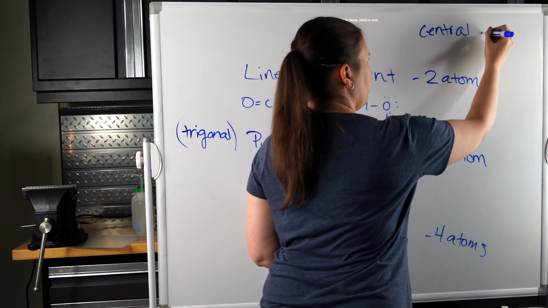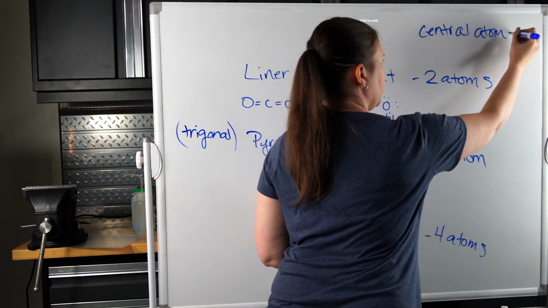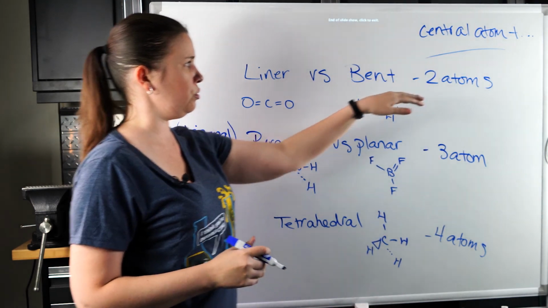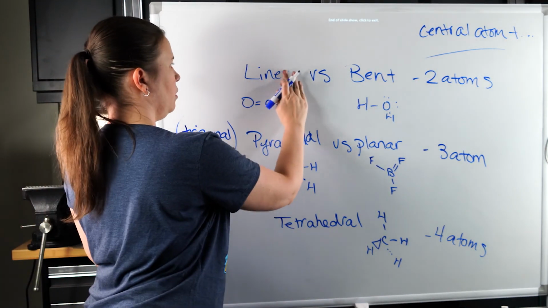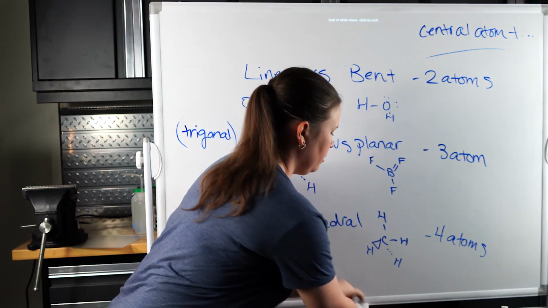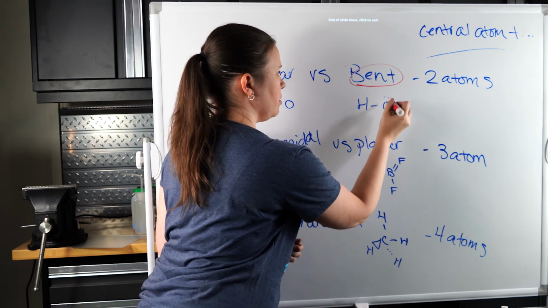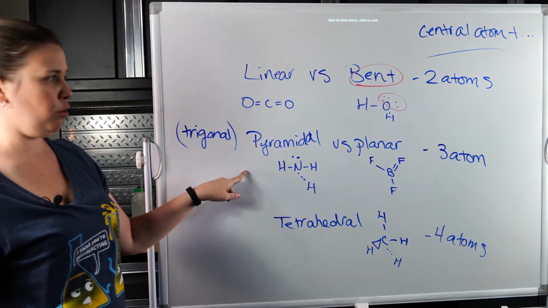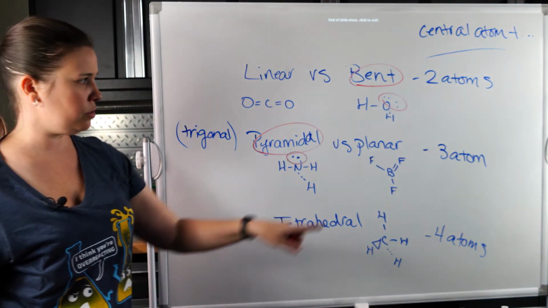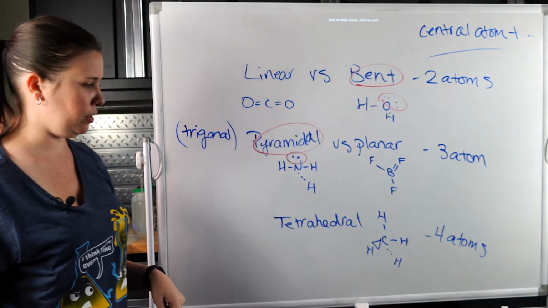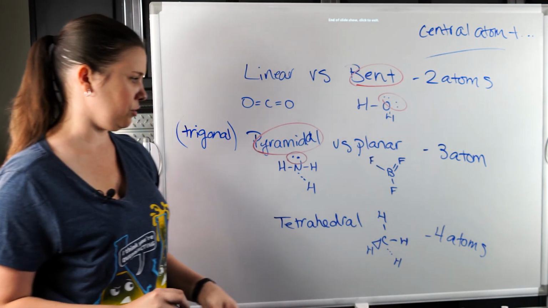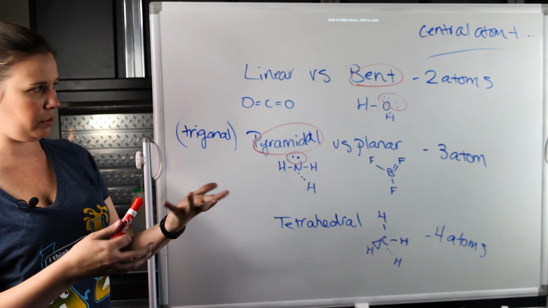So you take your central atom, if you've attached 2 atoms, it could either be linear or bent, whereas the bent has the lone pairs. Pyramidal versus planar, where the pyramidal has the lone pairs, for 3 atoms on your central atom. And then with tetrahedral, you would need 4 atoms on your central atom, and they would spread out evenly.